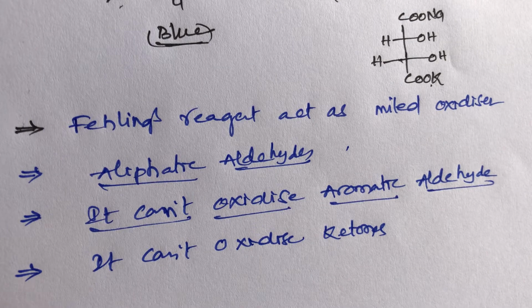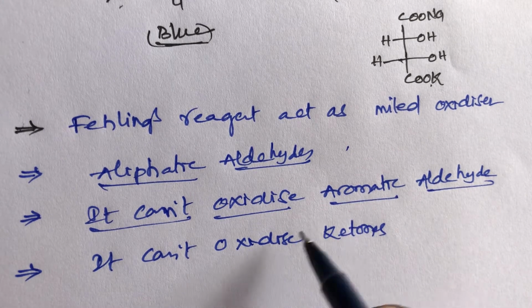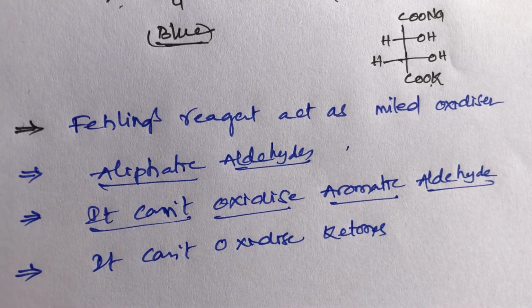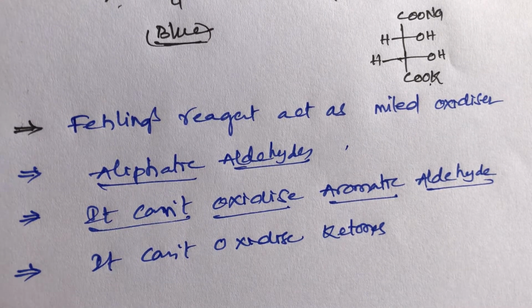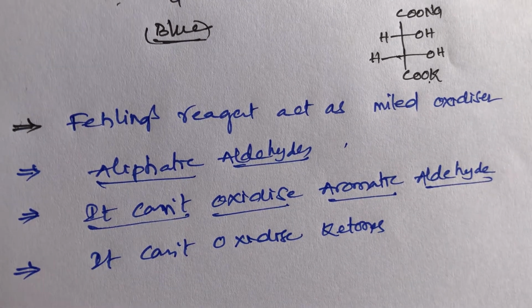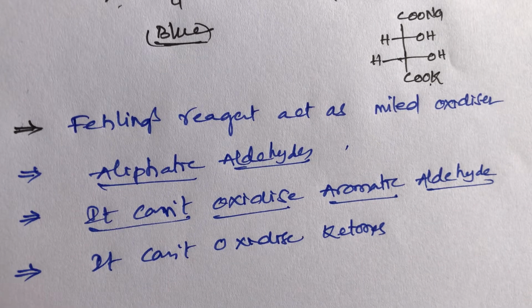It can oxidize only aliphatic aldehydes, and the aliphatic aldehyde is converted into acid. Ketones do not give Fehling's test.